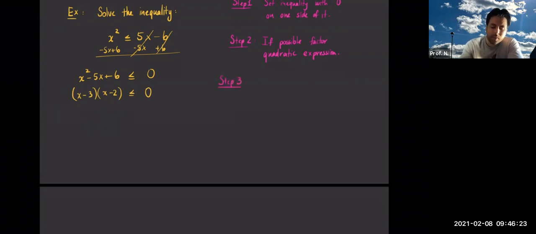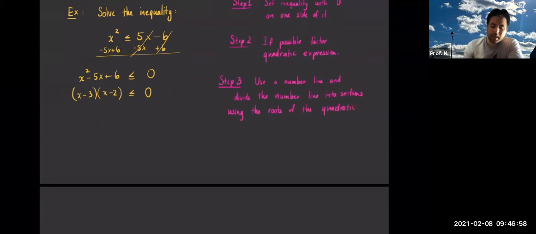From this point, we're going to use a number line and divide the number line into sections using the roots of the quadratic.